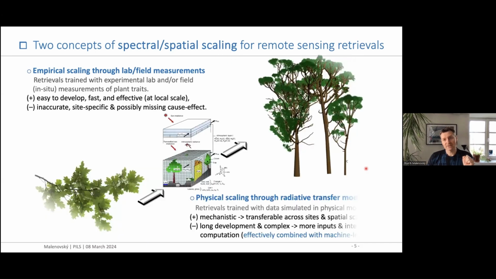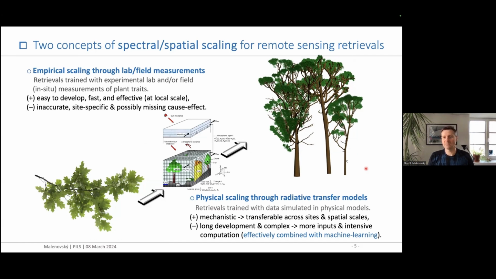So the other possibility is actually to embrace this complexity of geometry and plug in between our leaf measurements and our canopy measurements physical models, which can mechanistically simulate all these, let's say, confounding factors.